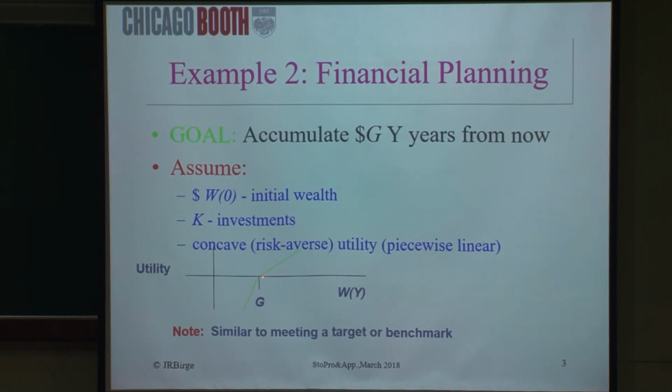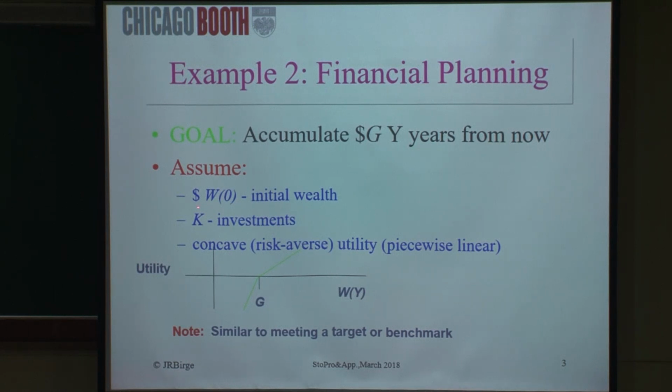So anything below that, that's going to be a penalty. I get some reward for being above it, but that's not worth as much. So this is the form of a concave utility, because I'm maximizing here. It has a higher slope up until this point G, and then the slope becomes lower after that. Now it's piecewise linear because it's linear up until this point, and then linear with a different slope beyond that.